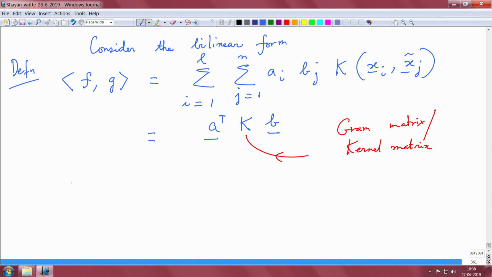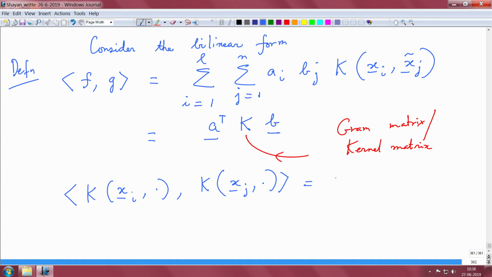And we can also write this in this form: the inner product of this kernel acting on two vectors x_i, and I put a dot here indicating some vector x, with the kernel x_j tilde and that vector x, which is indicated by the dot.